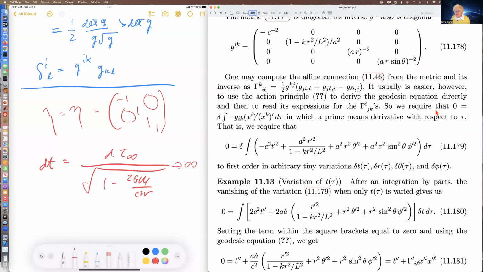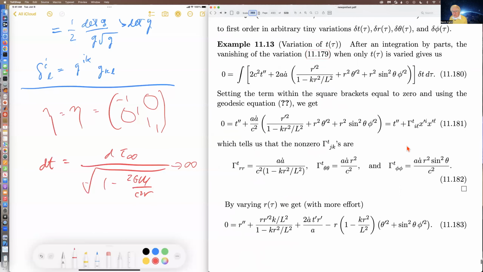Another way to do it is to derive the geodesic equation, and we say that this has 0 first-order variation, and then we identify these Christoffel symbols as whatever we get from doing that variation.